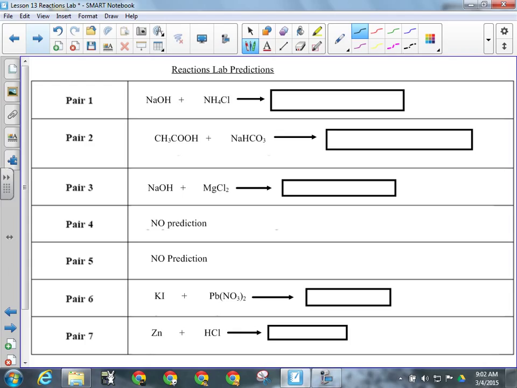Double replacement. What do we do in a double replacement reaction? Switch the metals. Remember, ammonium is acting as a metal in this reaction. So, you guys can predict what you think the products are going to be for that reaction. Switch the metals and you'll have your products. NH4Cl.